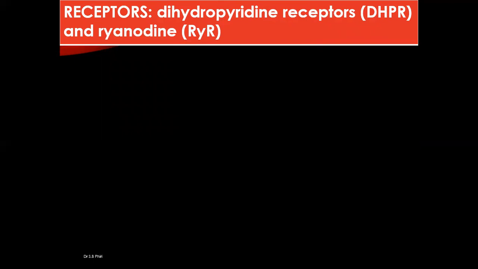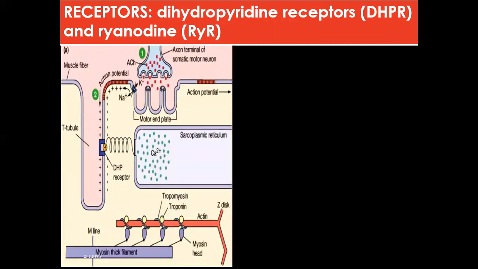The dihydropyridine receptors, the DHPR, are found in the transverse tubule system. Then the ryanodine receptors, the RYR, are found on the sarcoplasmic reticulum. They are also involved in excitation-contraction coupling of skeletal muscle cells.